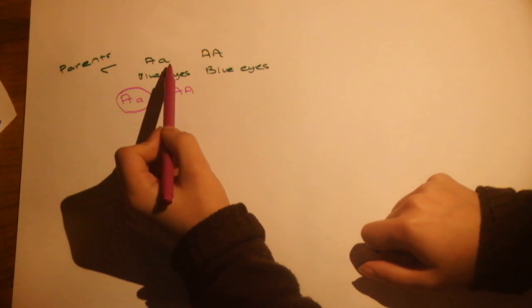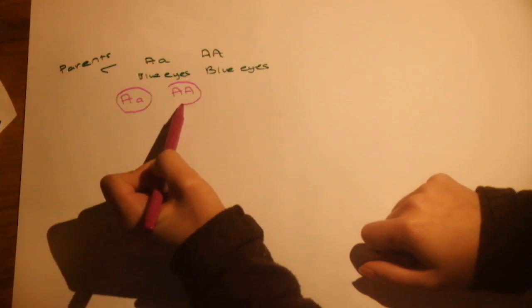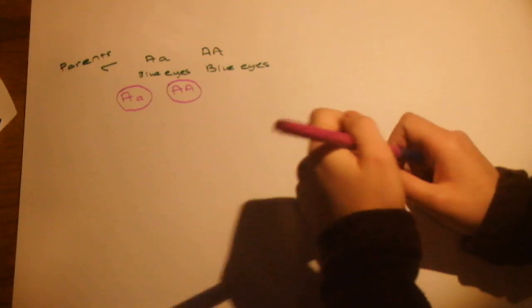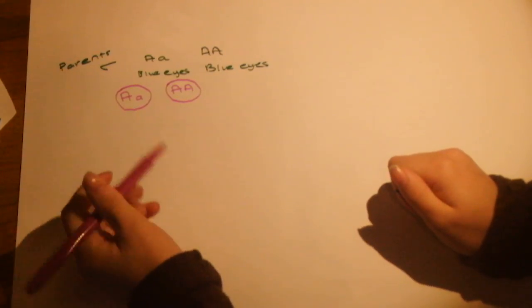So you have the genotype and phenotype, and then you have the gametes, which are circled, which are the combinations that you could have. And then you obviously do the Punnett square, which is where you align them. So you do big A, little a, big A, and do the little square like that. And then you cross them up.